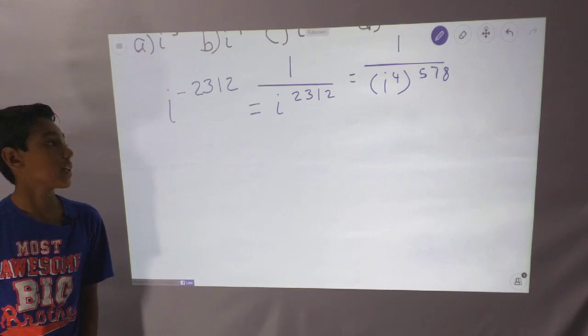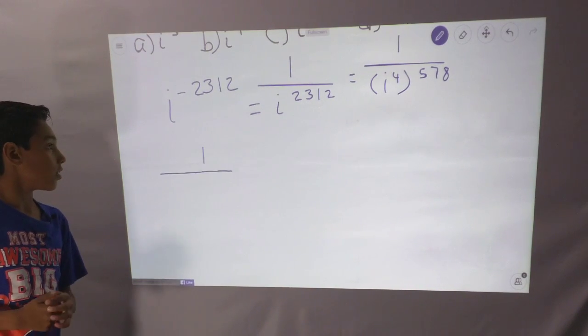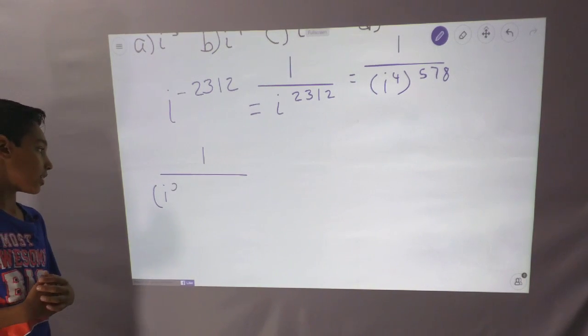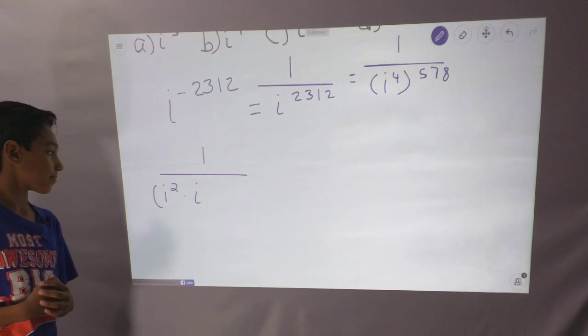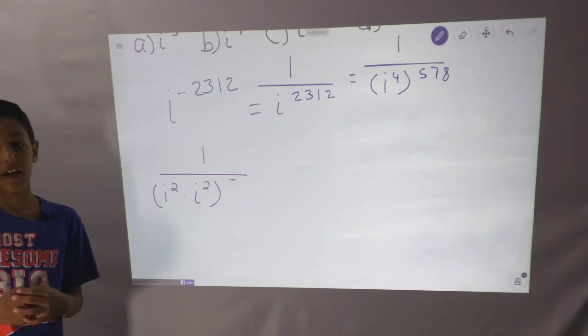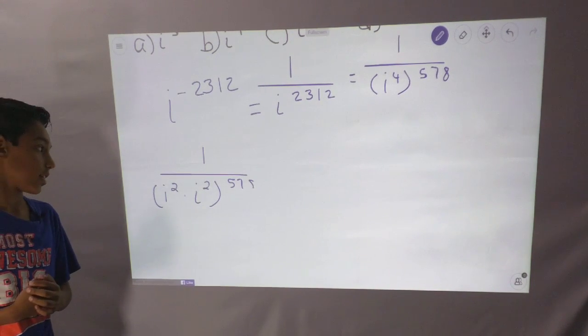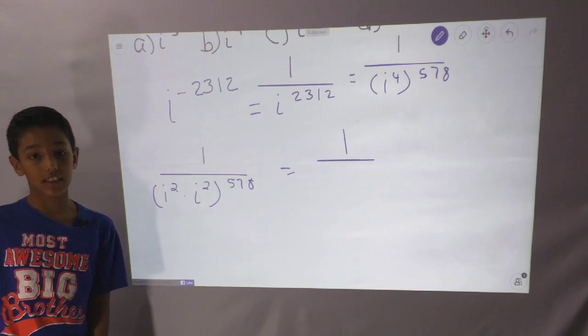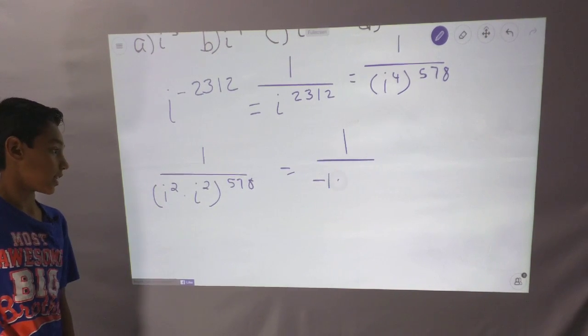So now we can break this apart. 1 over i to the fourth, we can simplify into i squared times i squared, still to the power of 578. Now i squared, you can plug in a -1, since i squared equals -1.